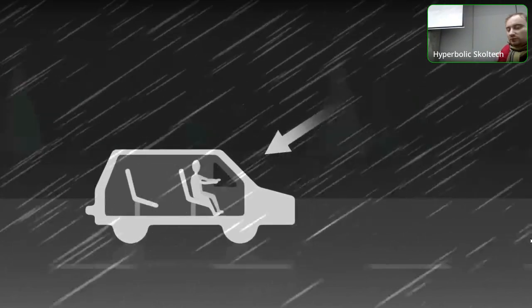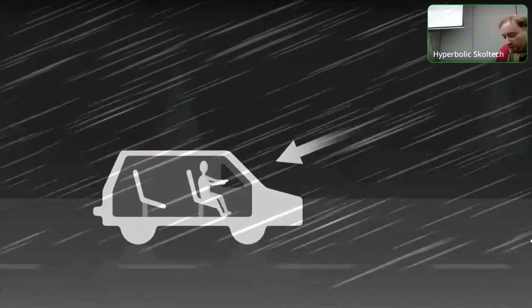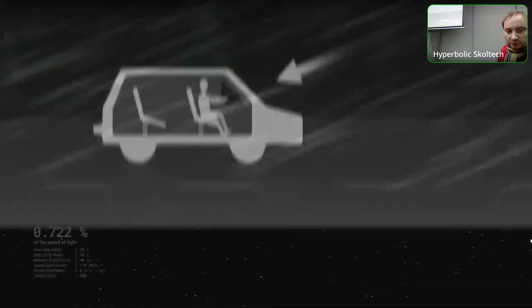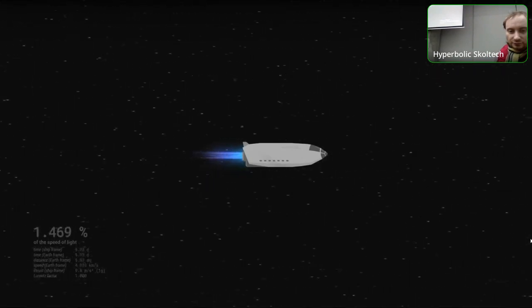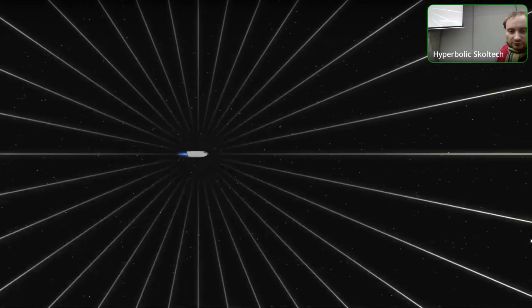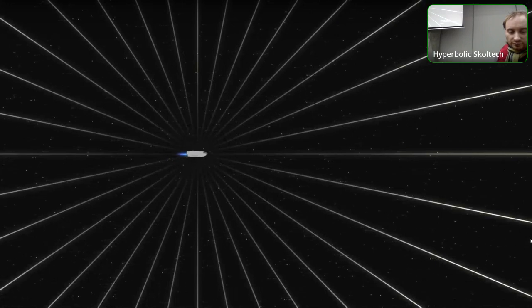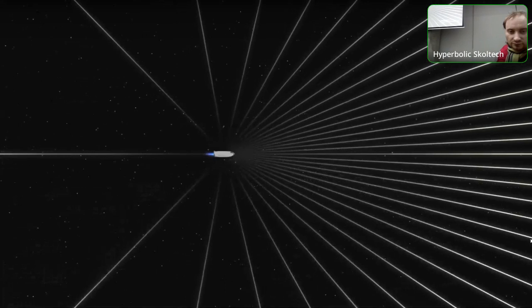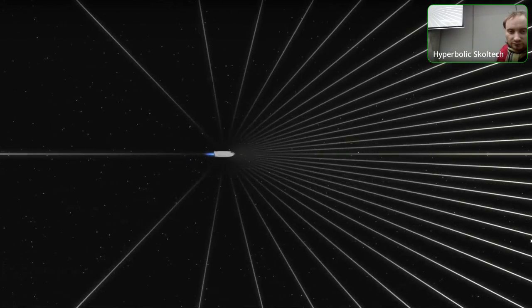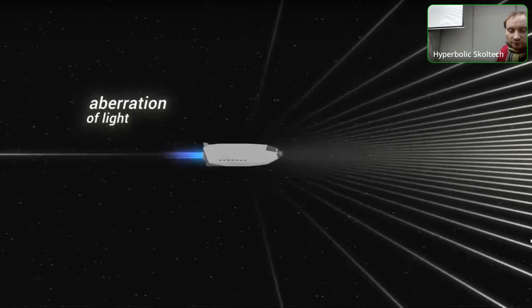And the more you accelerate, the more the rain seems to come face on. In our spaceship, the optical effect is perfectly analogous. The star's light comes from a certain direction, but as we accelerate, the light rays appear to come more and more from the front. Their direction seems different when we are in motion. This is the aberration of light.